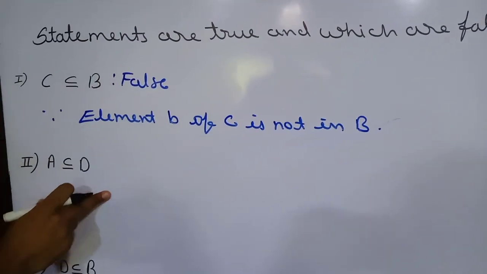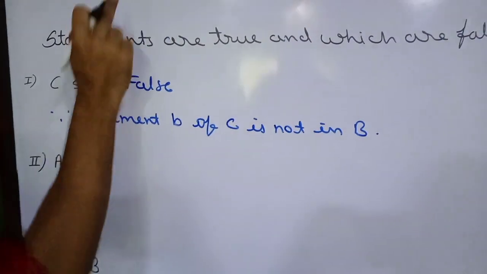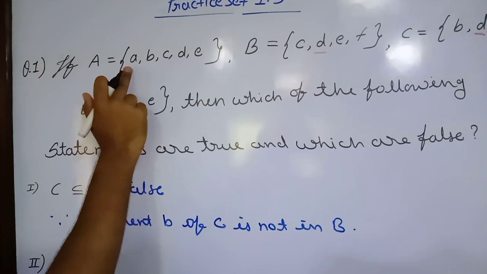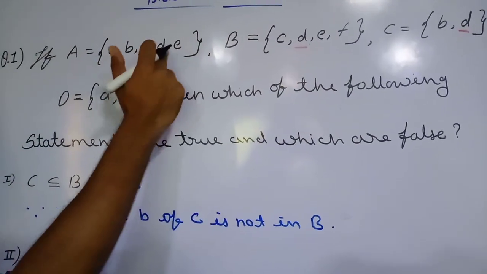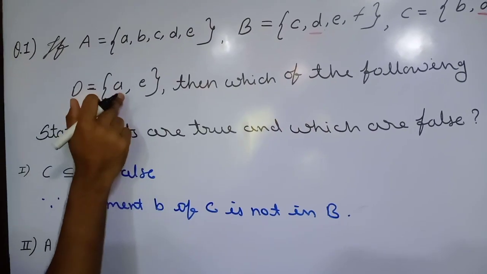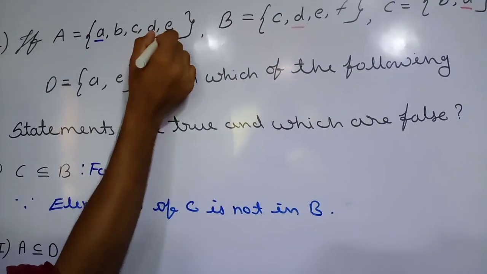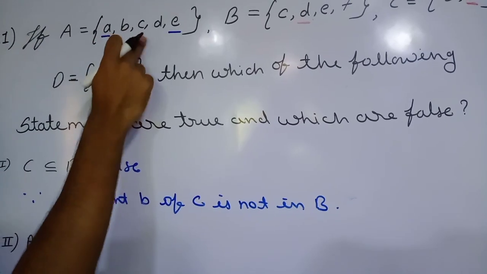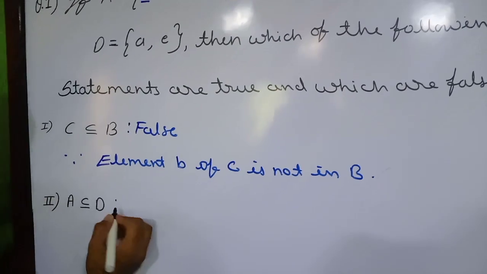Let's move to the second one. Is A a subset of D? Here we have the set A. We have the elements A, B, C, D, E. And in the D we have just A and E. Just A and E means B, C and D, these three are missing in the set D. So it is not a subset.